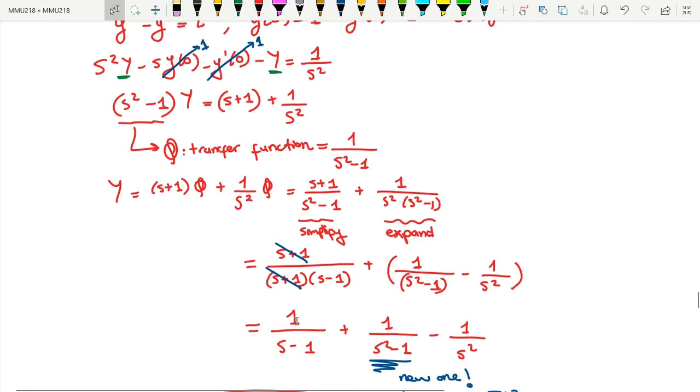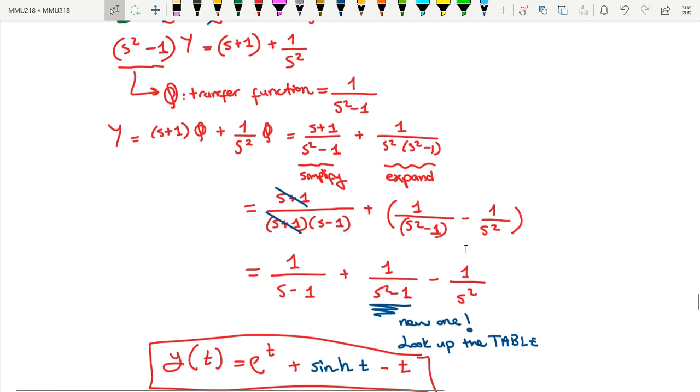The s plus 1s cancel, 1 over s minus 1 for the first expression. And the next one, I can expand this very simply. I don't really have to do partial fractions here. s squared minus (s squared minus 1) is going to be plus 1. So this expression is actually equivalent to this expression.